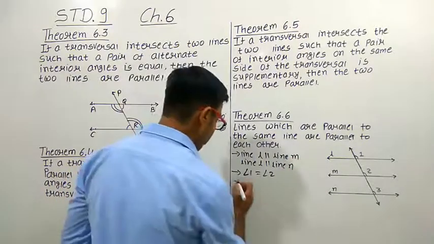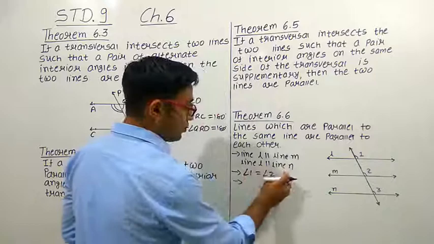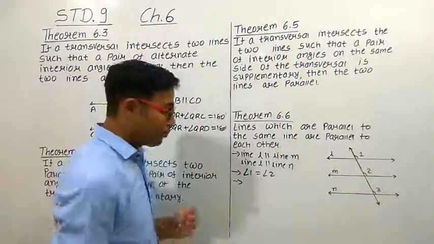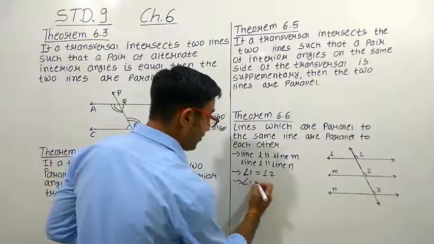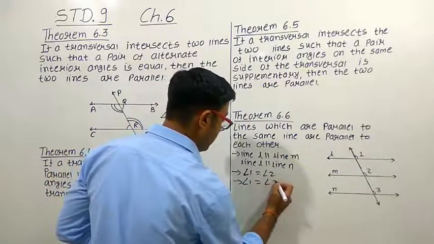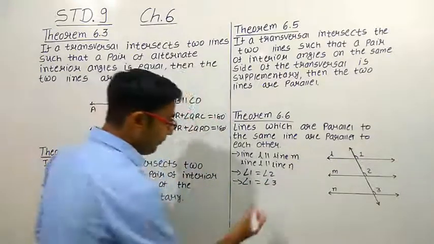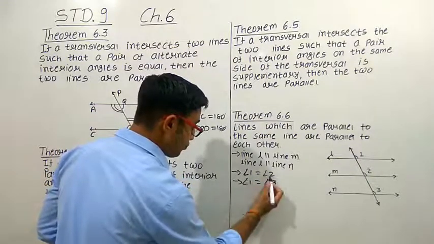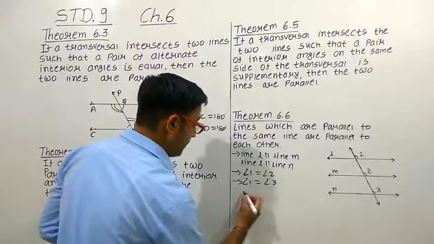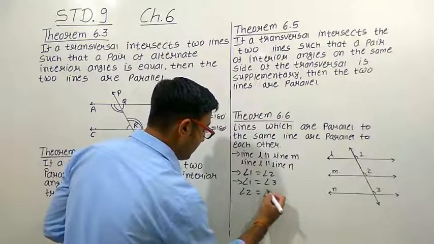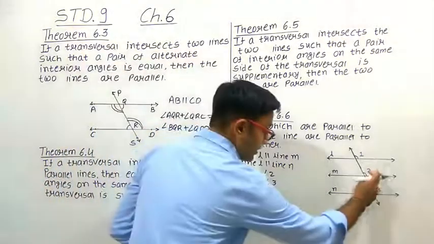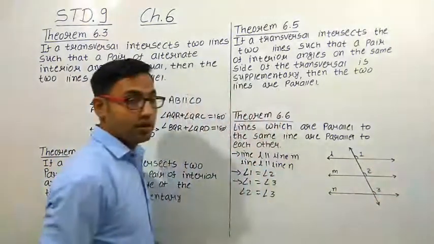In the same way, L is also parallel to N, so angles 1 and 3 are also corresponding angles, so angle 1 is equal to angle 3. Comparing both, 1 equals 2 and 1 equals 3, so angle 2 is equal to angle 3.